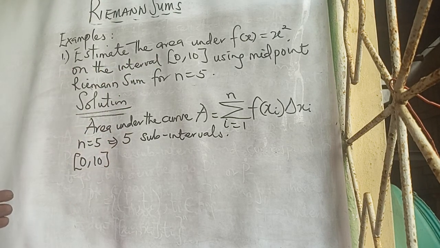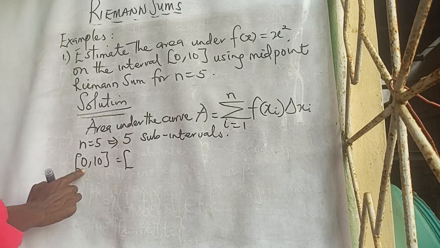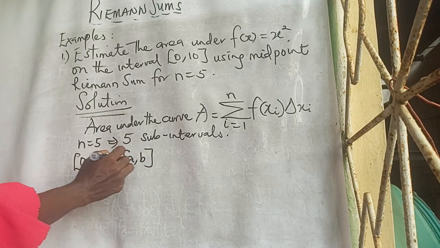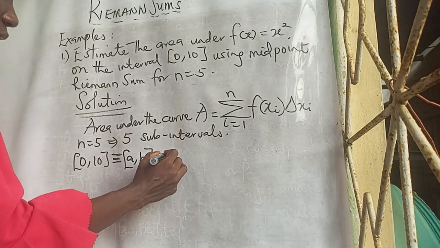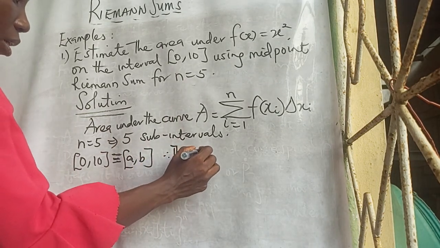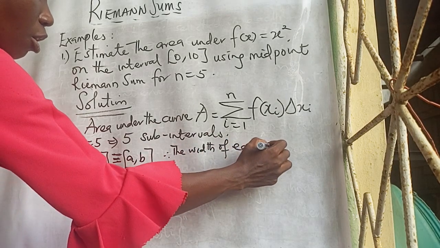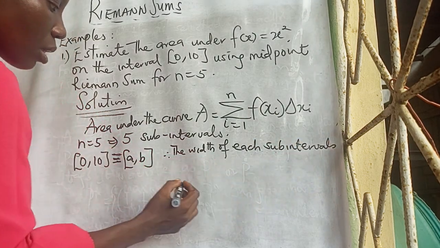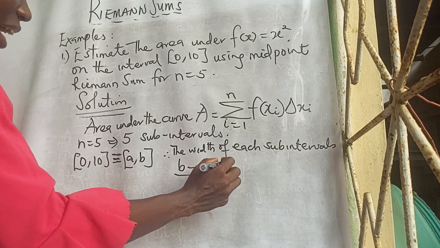How do we get the width of each of the subintervals? Remember that our interval 0 to 10 is equivalent to our interval a, b. The width of each of the subintervals can then be what? b minus a over n.